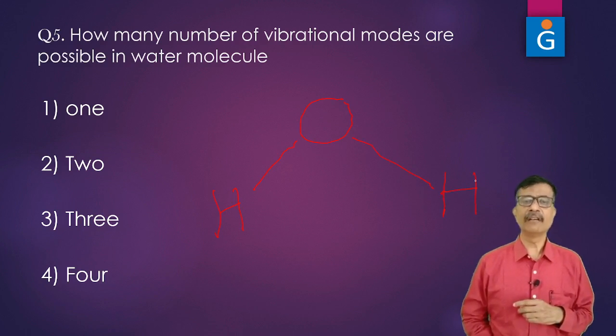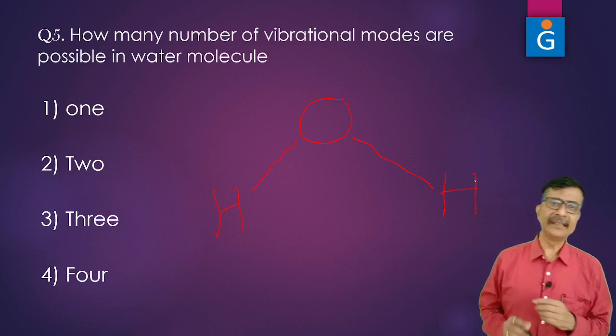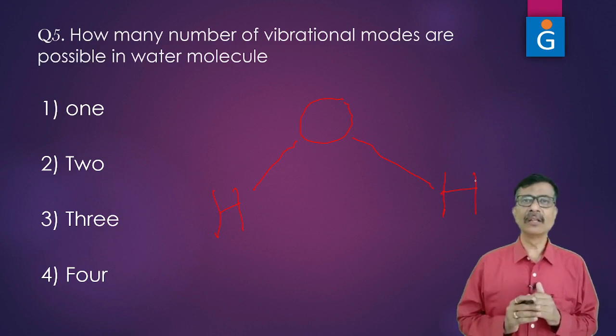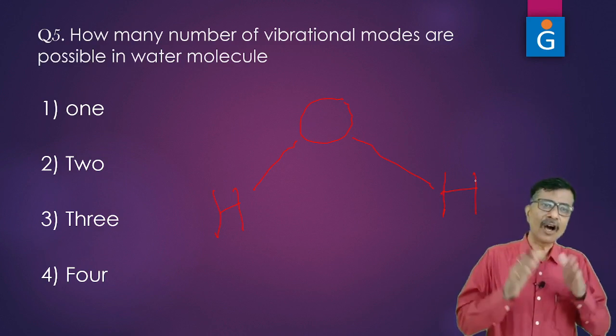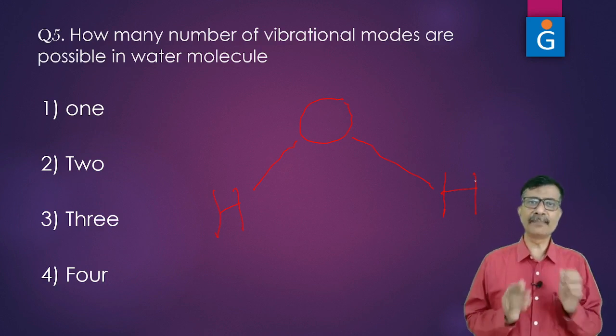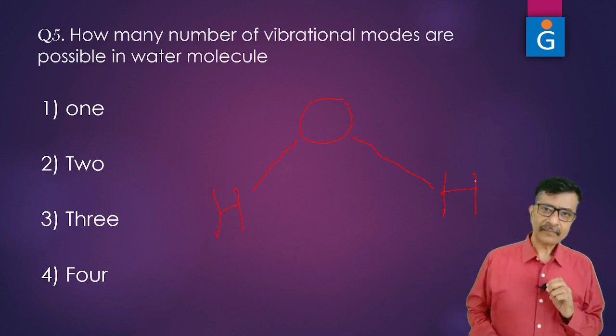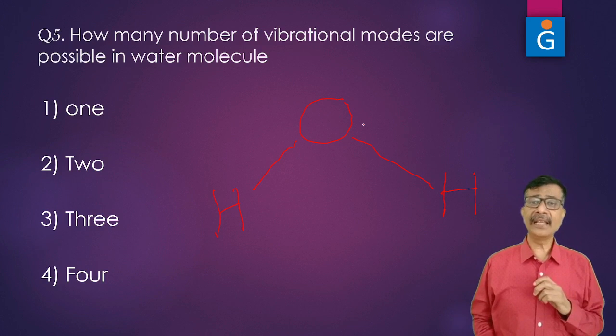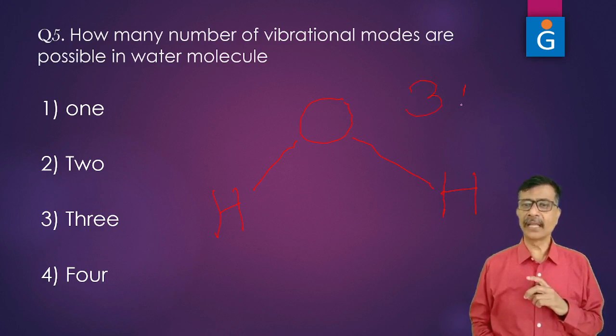This is a water molecule. In this molecule, whether it is linear or non-linear is the important component here. In case of linear molecule, the number of vibrational modes is given by the equation 3n minus 5.